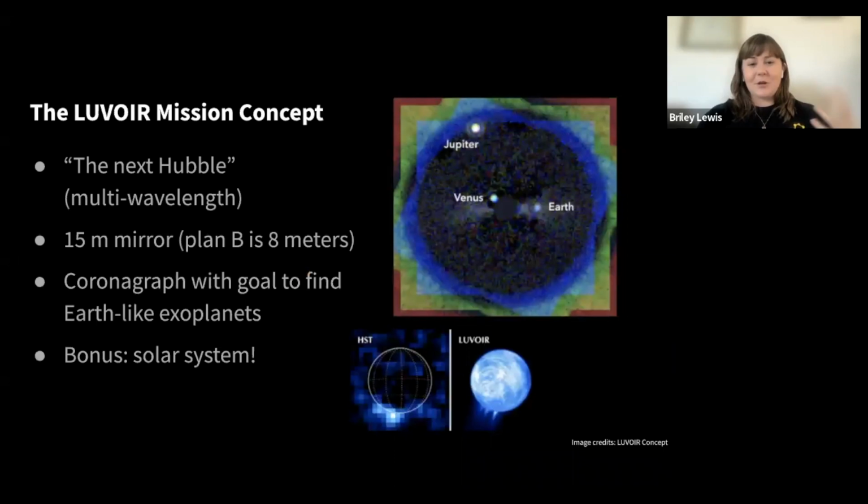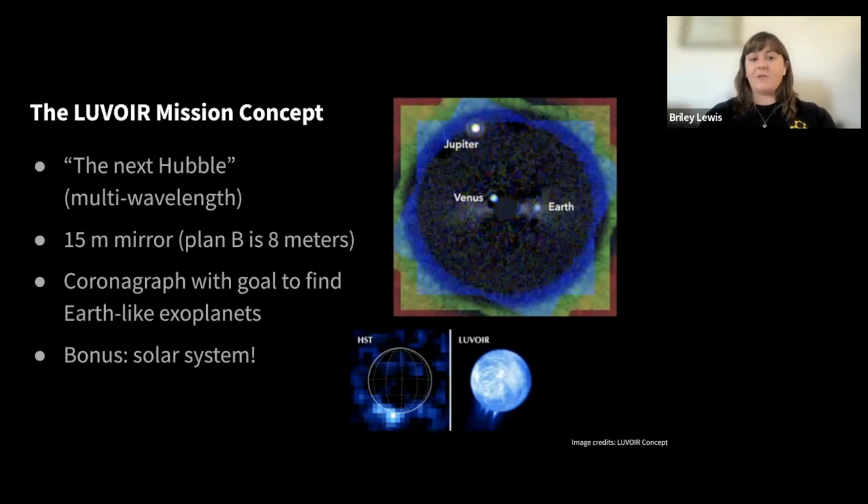This mission concept considered itself like the next Hubble, looking at many different wavelengths, unlike James Webb, which is focusing on the infrared. The original plan was a 15-meter mirror, or there was a plan B with 8 meters. And the plan was to have a coronagraph with a goal to find Earth-like exoplanets. And a bonus, it could do some really cool solar system stuff. These two on the right are not real data.